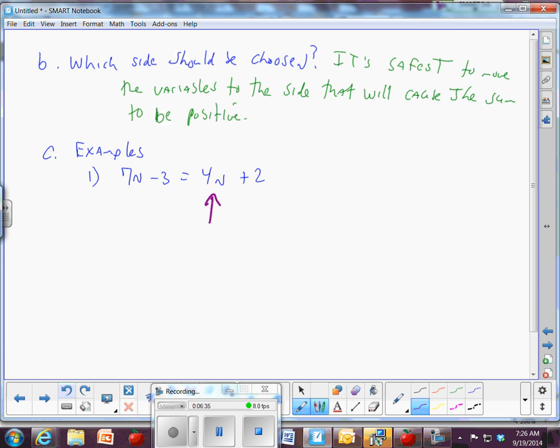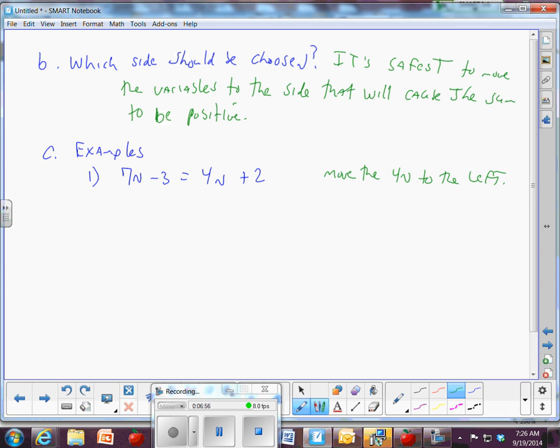Moving the 4n will cause me to add a negative 4n to both sides. So my choice is going to be move the 4n to the left.